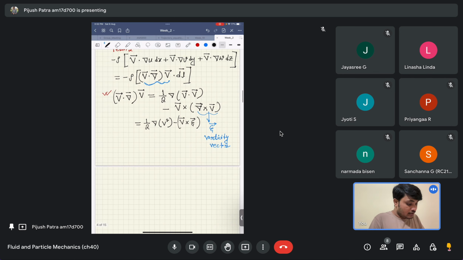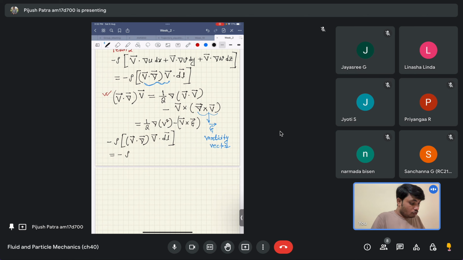So finally term 2 is coming like this: minus rho v dot del v dot dl is something like minus rho half gradient of v square dot dl, plus, because there is a minus total, so it will be plus rho v cross zeta dot dl.